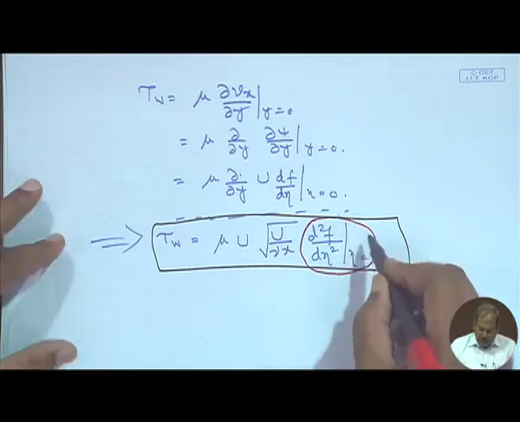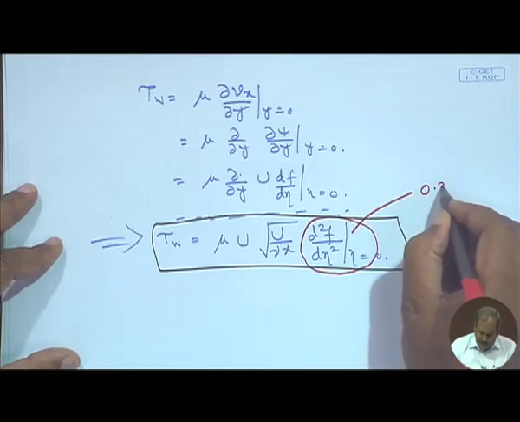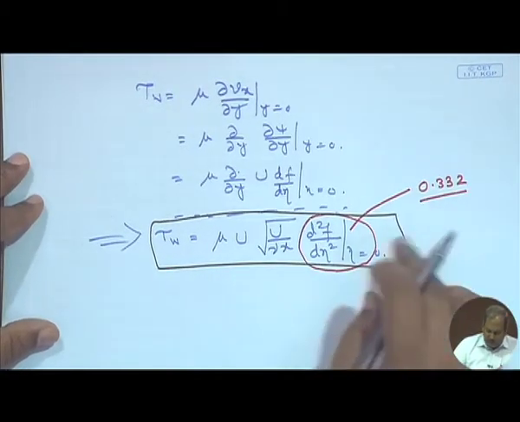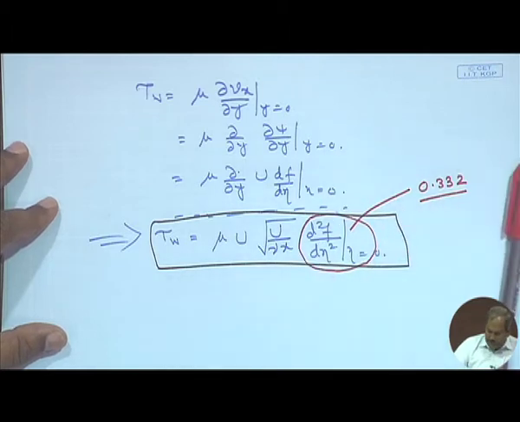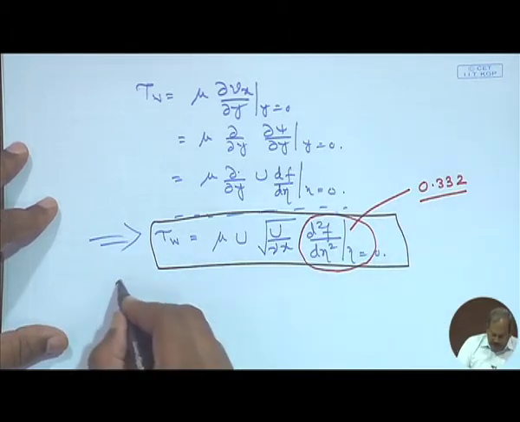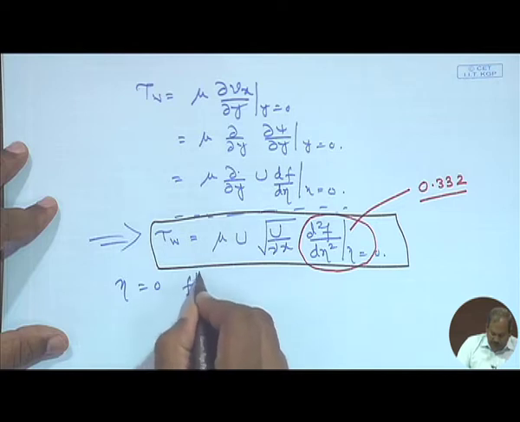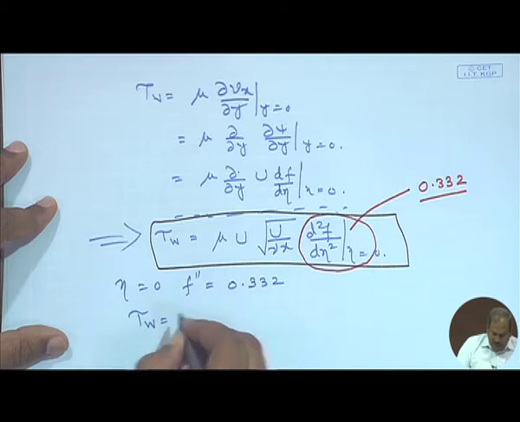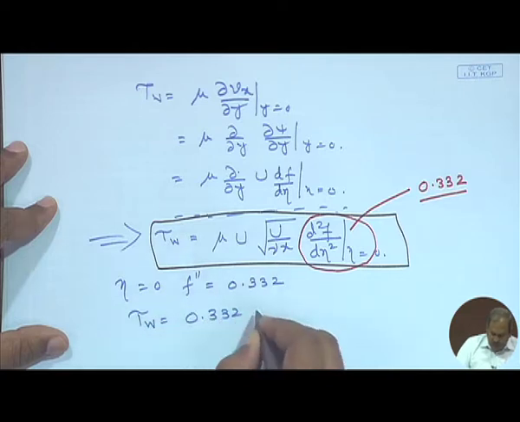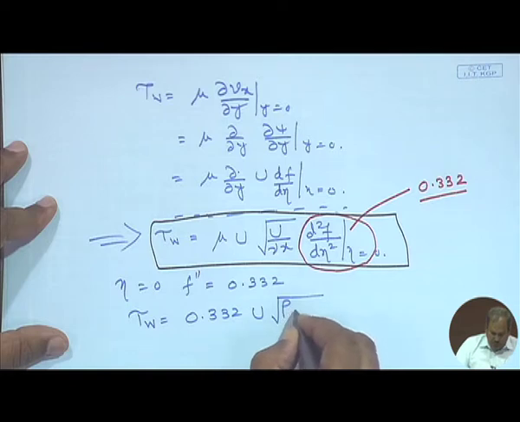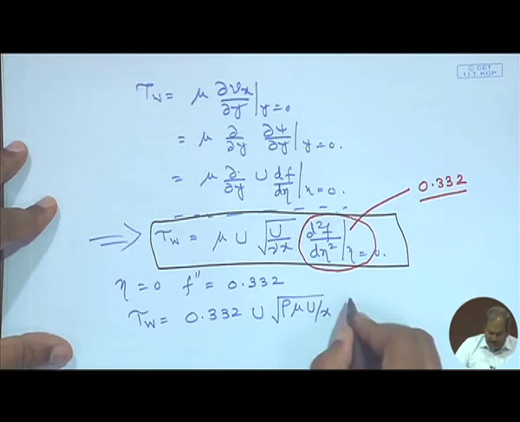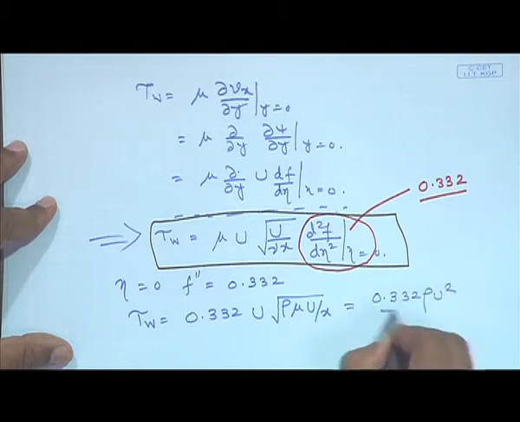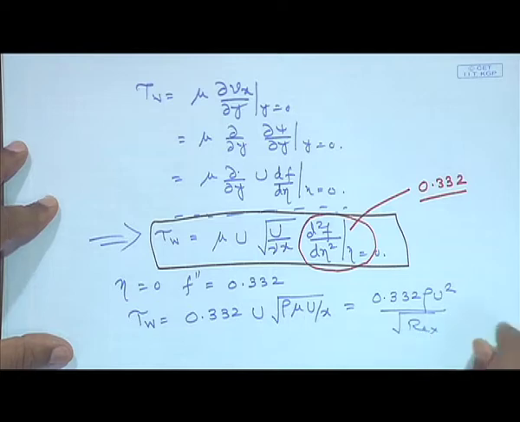The numerical value is 0.332 from the numerical solution of Howarth. So I bring in this 0.332 over here, and since at eta equals 0, f double prime is 0.332, what you would get is tau w equals 0.332 u times root over rho mu u by x, which equals 0.332 rho u square by root over r e x.